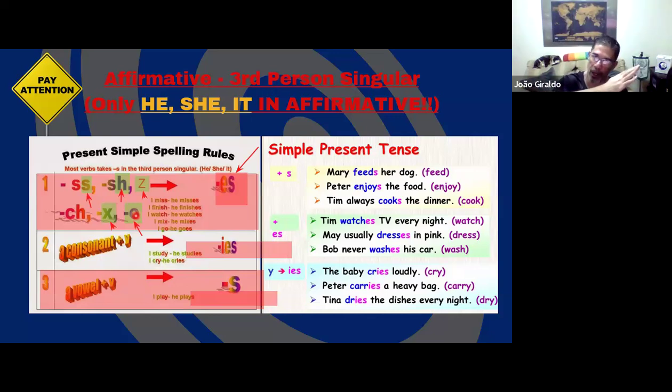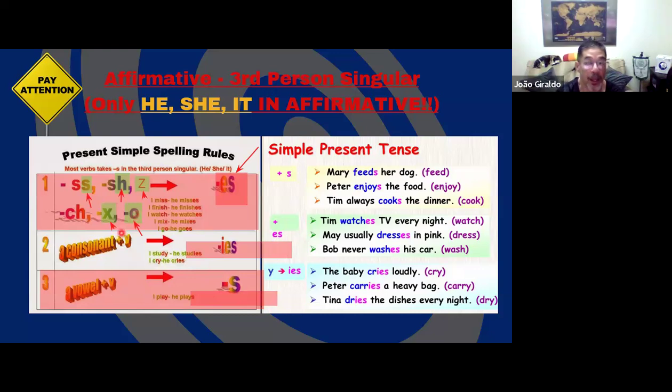So the first do is the auxiliary, the second do is the verb. Do I do my homework? In the case of she, does she do her homework? The first does is the auxiliary. She is the subject, and do is the original verb with no variation because I have the presence of the auxiliary. Does she do her homework? And there you go. Your sentence is perfect.